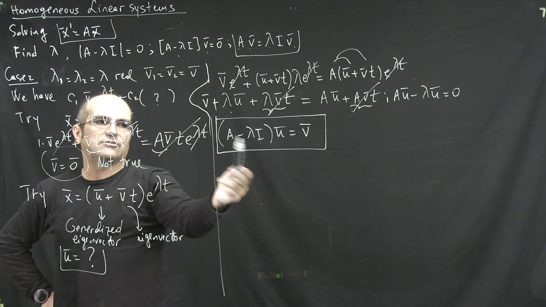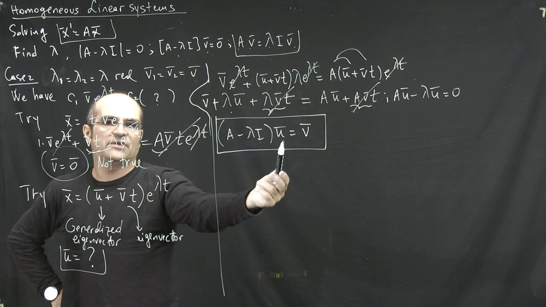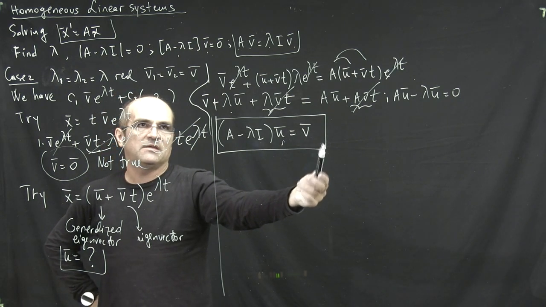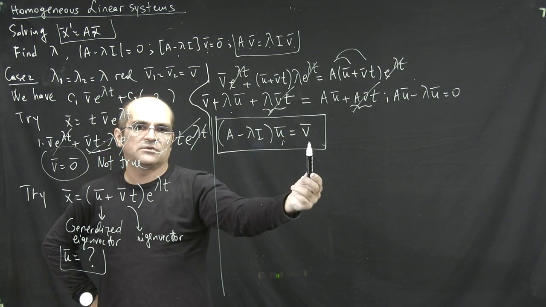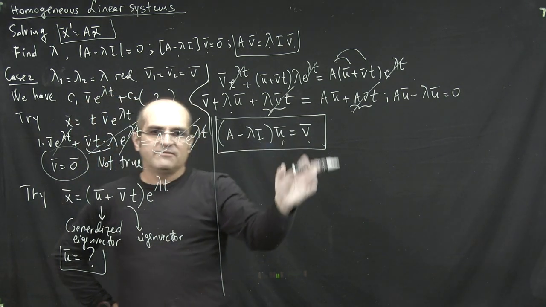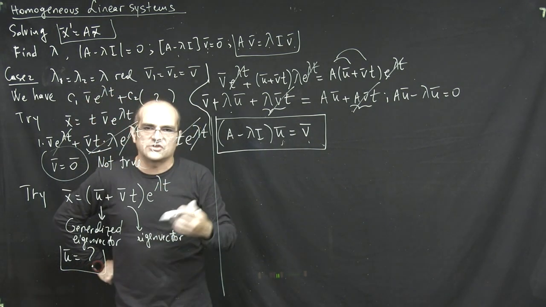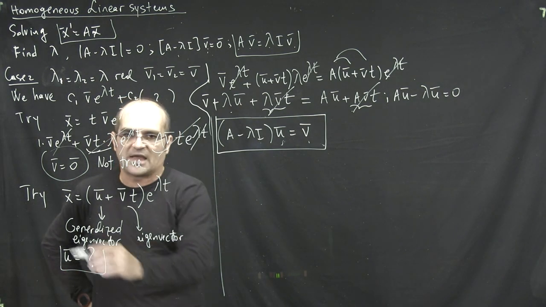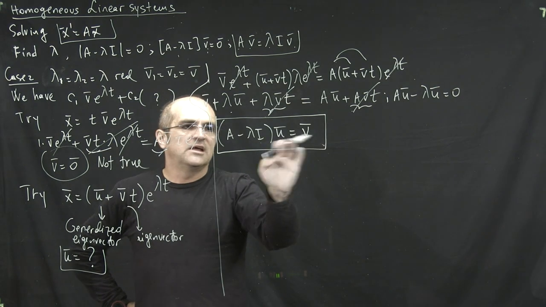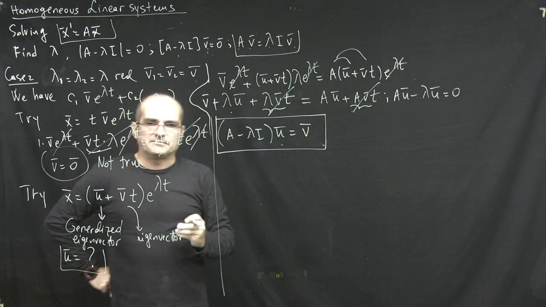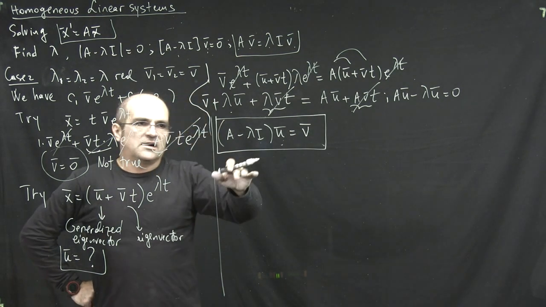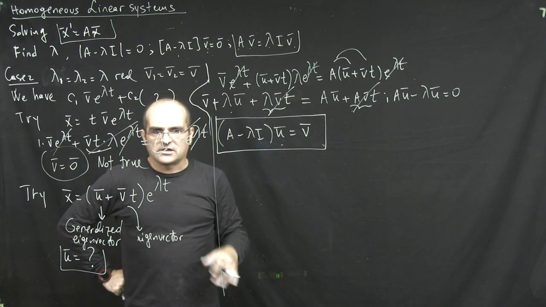Then immediately after that, you set up the same type of system for a different vector, but now with not 0 on the right hand side, but with the eigenvector you just found on the right hand side. So the way you find u bar is really very similar to the way you find the original eigenvector. That's why it's called the generalized eigenvector. It's not truly an eigenvector, but in the way of finding it, the mechanics are extremely similar. So this may look a little bit convoluted, but the mechanics of it will be very straightforward, as I'll show you right now.